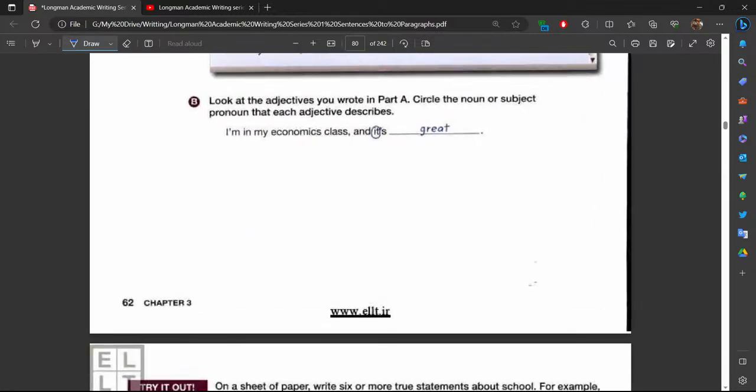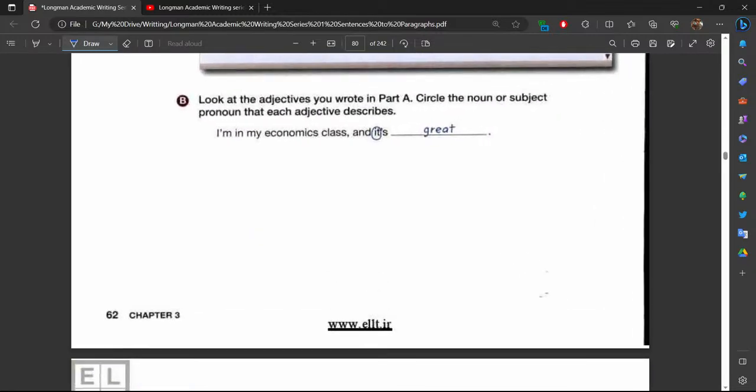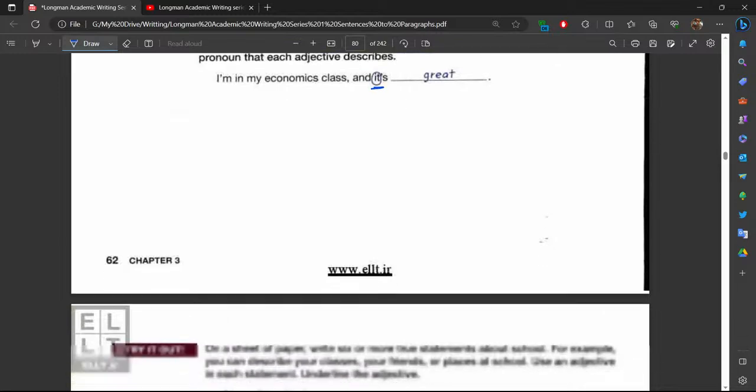Look at the adjectives in part A. Circle the noun or subject. So I'm in my economics class and it's great. It's great.